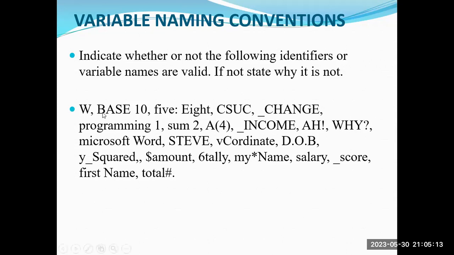After that, the ones that are valid, we group under appropriate and inappropriate. So let's start with W. Is W a valid variable name or not valid? Please keep in mind what I said.